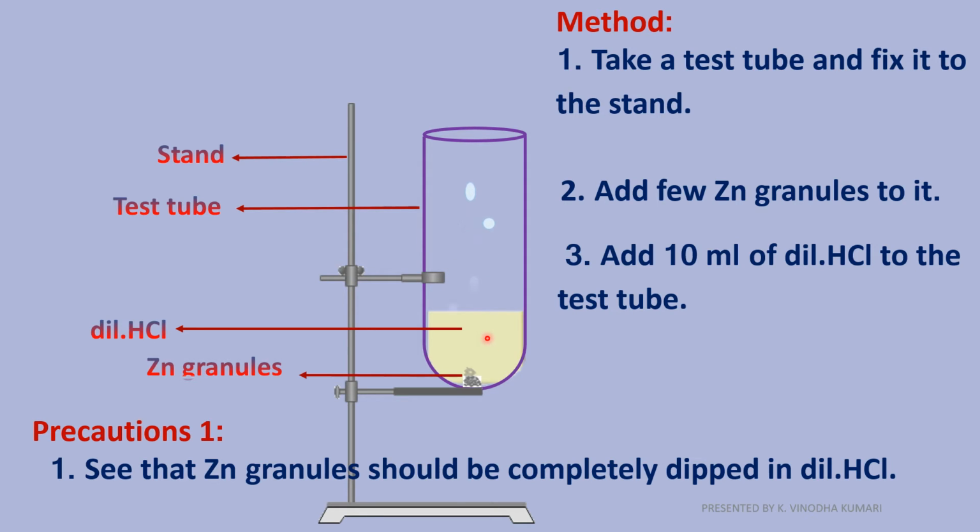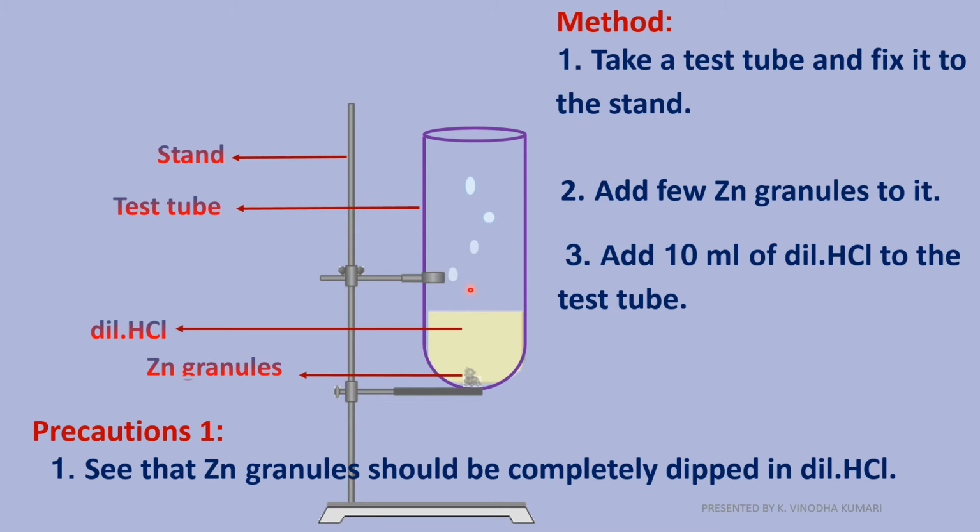And now here you are observing that some bubbles are coming out. That means the reaction has started between the zinc and the HCl. If the HCl solution is very dilute, the reaction will be very slow. If the dilution is not very much, the reaction will be a little bit fast.